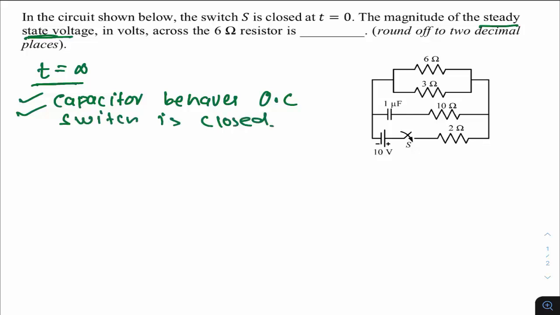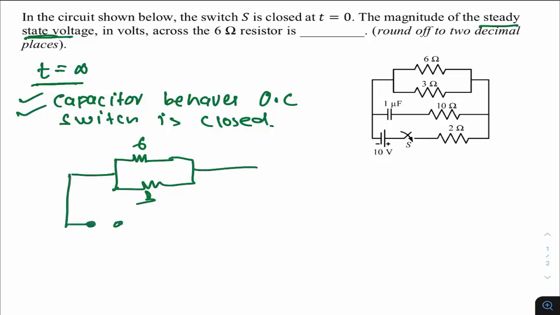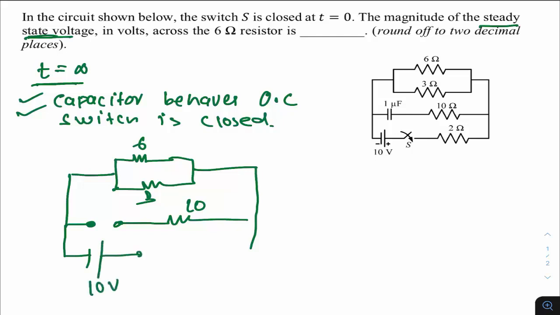Switch is closed. So considering this, how will the circuit look if I draw it? The circuit will be something like this. This is 6, this is 3, then the capacitor is open circuited, then you have 10 ohms, and then a battery of 10 volts with this polarity, and then the switch is closed.